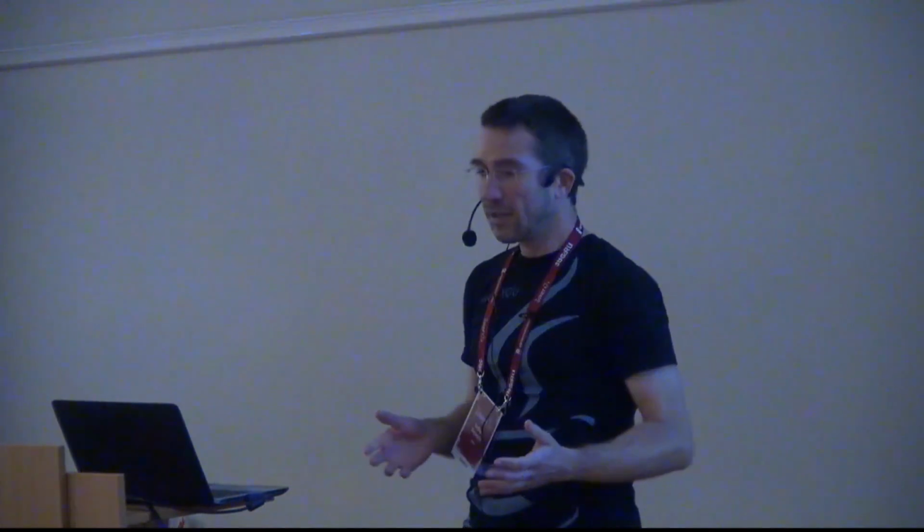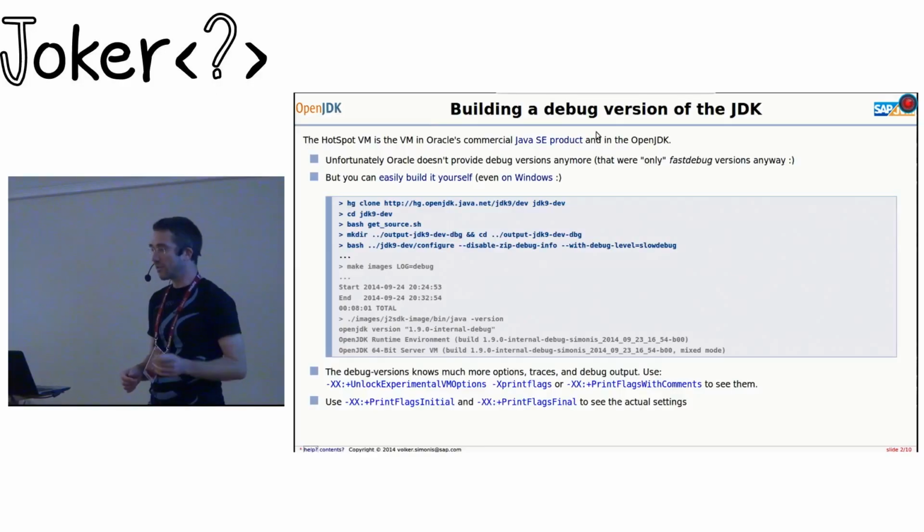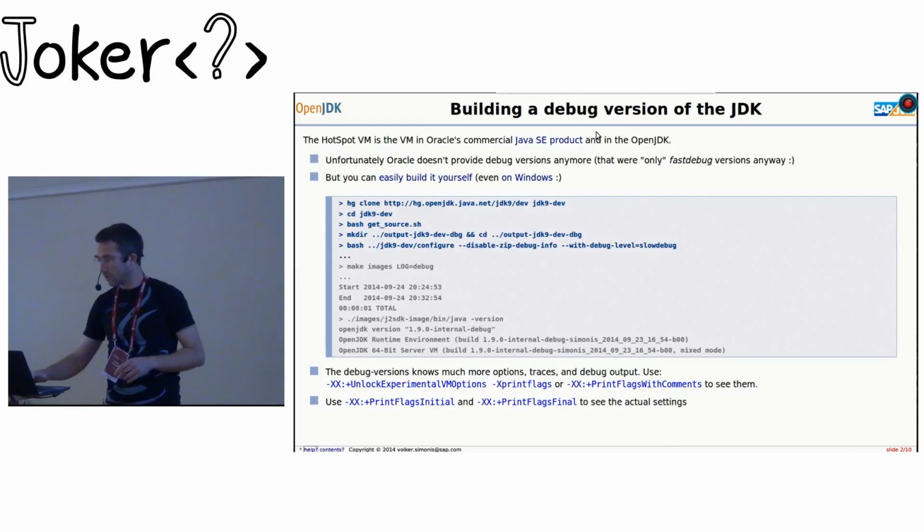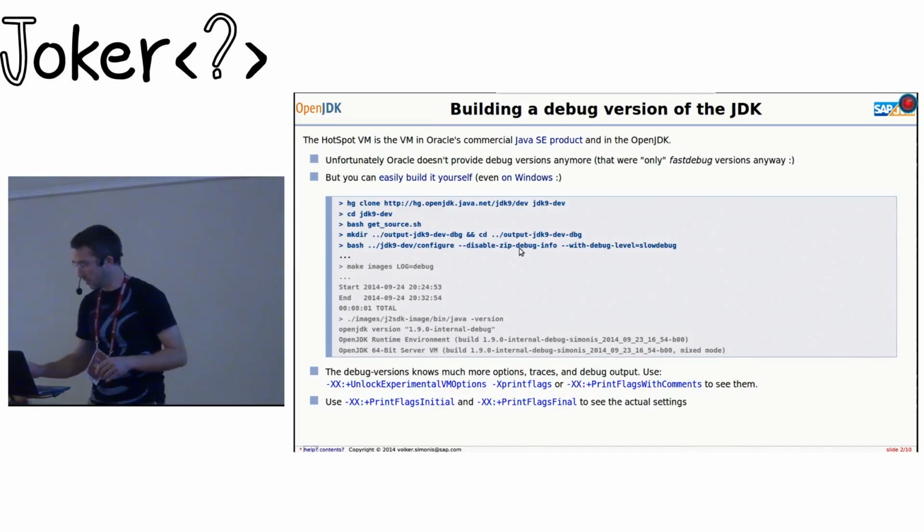I don't know if you know it, but you can give HotSpot 1,300 -XX options if you build the debug version. To build it, you just say with-debug-level=slowdebug, and the debug info is packed into a separate file. If you don't want to unzip that by hand, you can also say disable-zip-debug-info, but that's a minor issue.